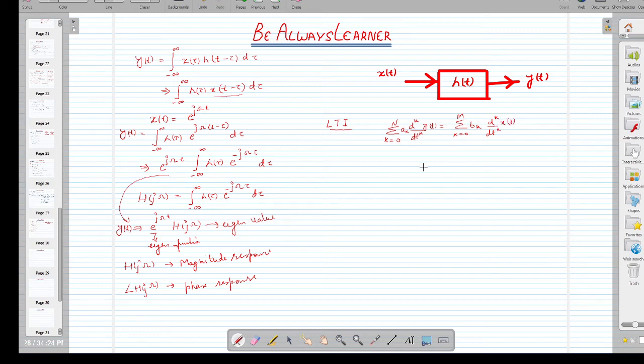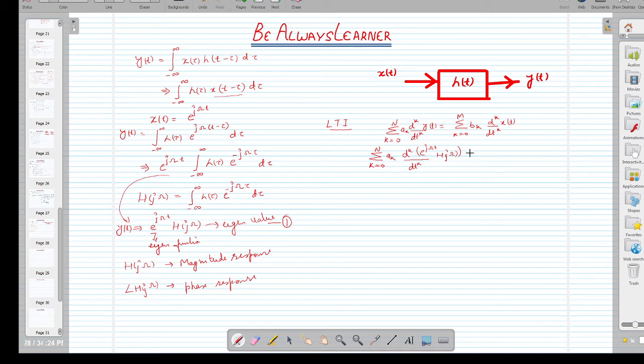So now by substituting the values of y and x, we can get summation k equal to 0 to capital N a_k, the kth derivative of the function y, which is represented by H(j omega) e raised to the power j omega t.